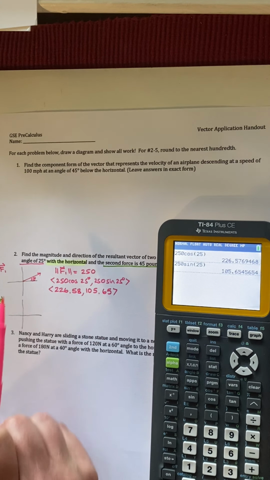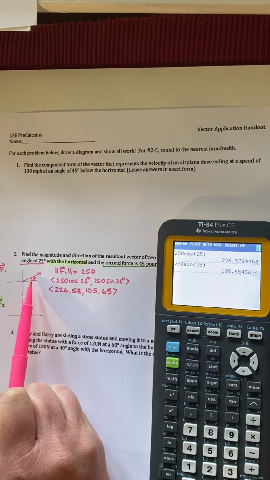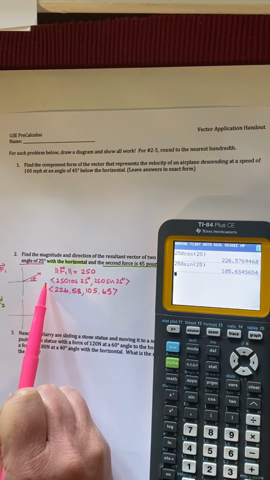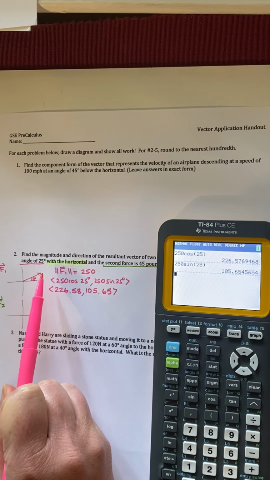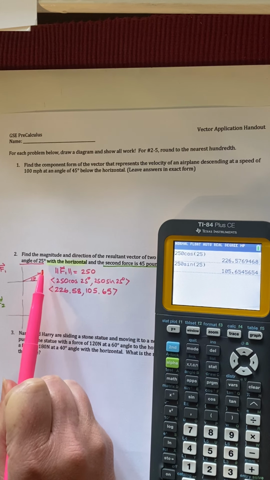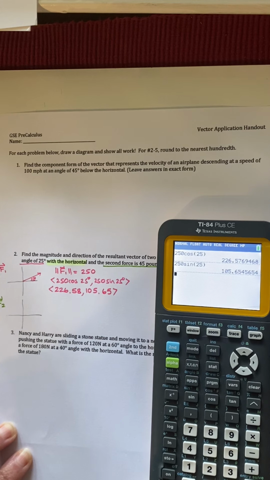So what that's telling you is that you would go out 226.58 units, and then you would go up 105.65 units to get to the end point of that vector. You want to think about whether that makes sense based on the sketch that you had and the scale. You want to now do the same thing with your second vector.